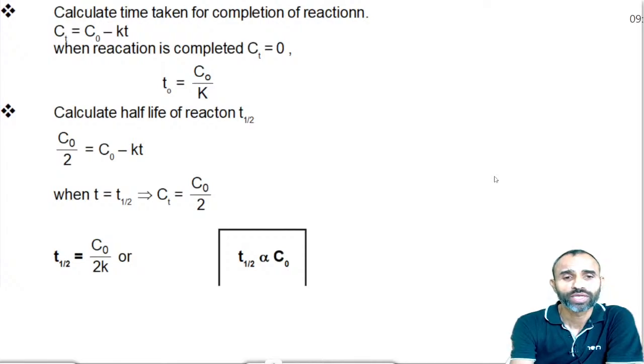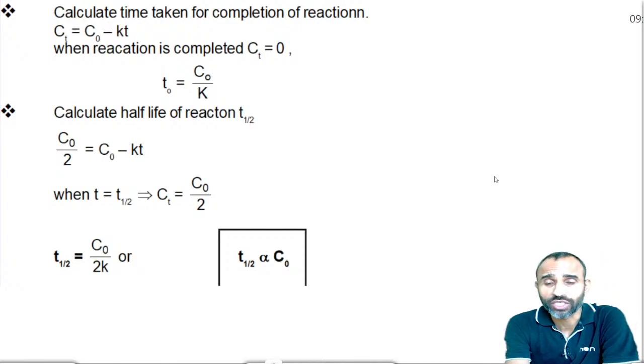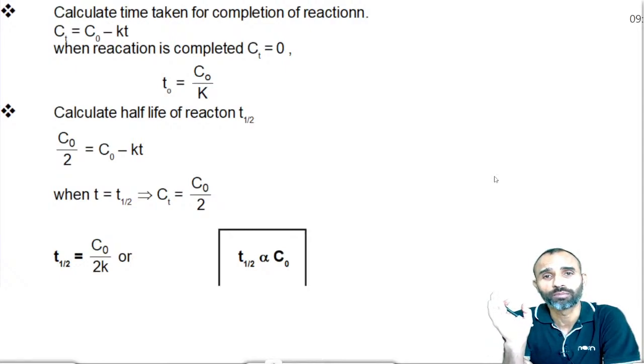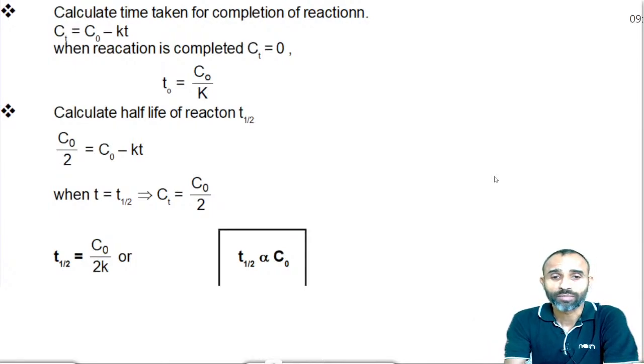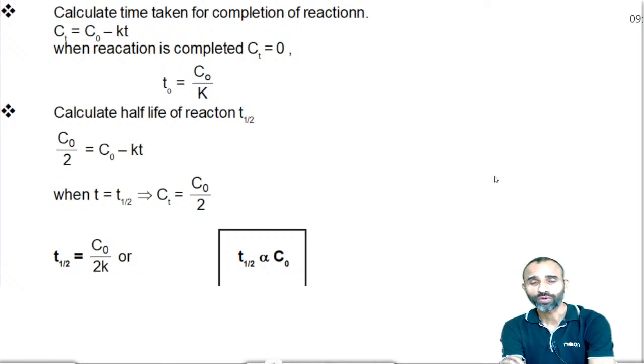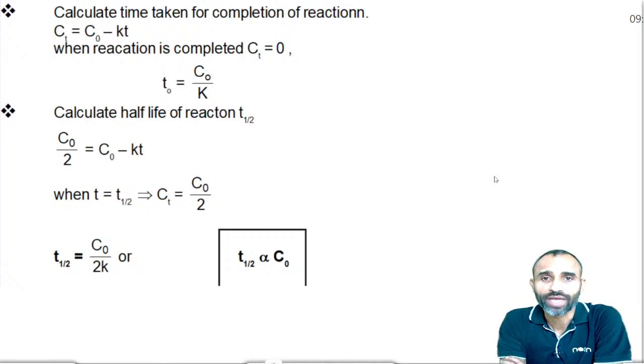Now if we calculate the time taken for the completion of the reaction, keep in mind the only reaction which can be completed is zero order. All the other reactions take infinite time to complete, means they will never complete.